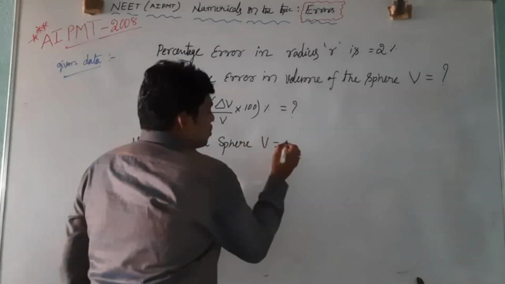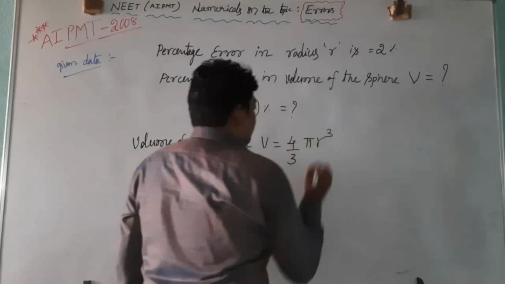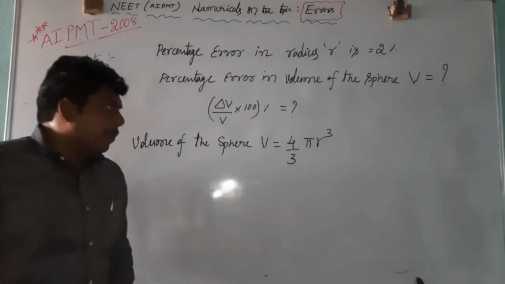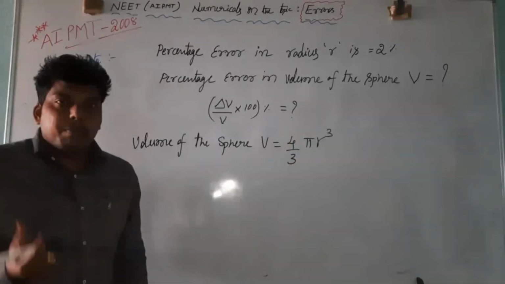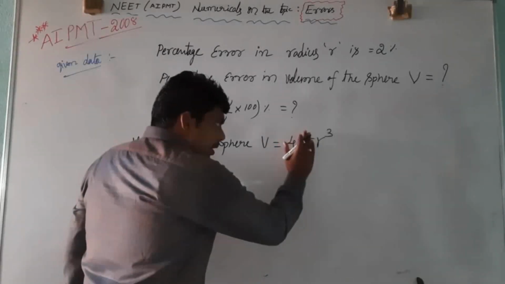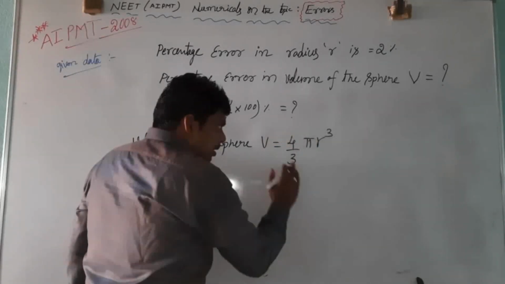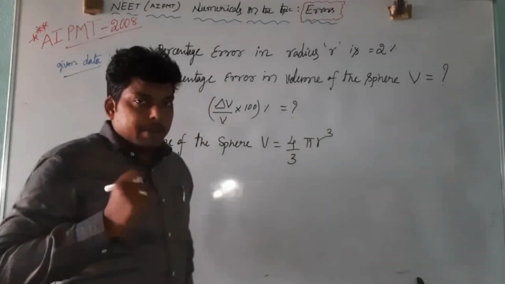V is equal to what? 4 by 3 pi r cube. 4 by 3 pi, these are the proportionality constants. If you multiply with pi, you will get a certain value. That is nothing but a proportionality constant only. Already I said that in the previous problem.